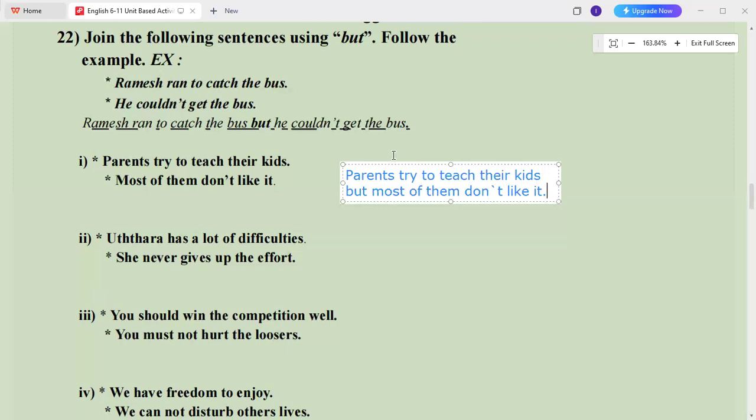Right. Now, Uttara has a lot of difficulties. She never gives up the effort, right? Now, this of course we can put this way, right?